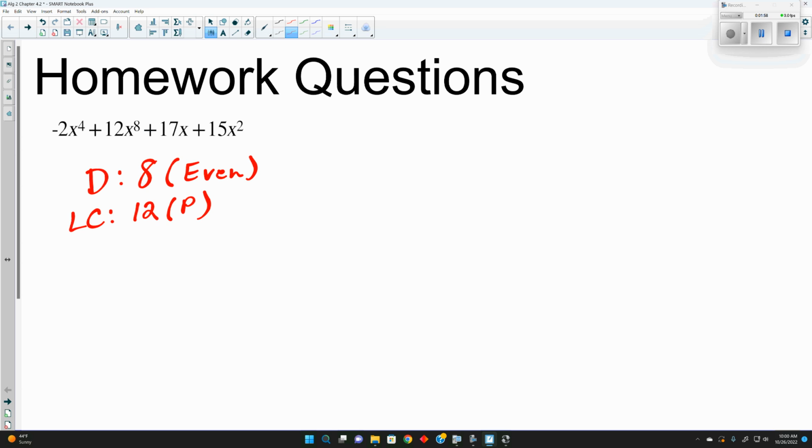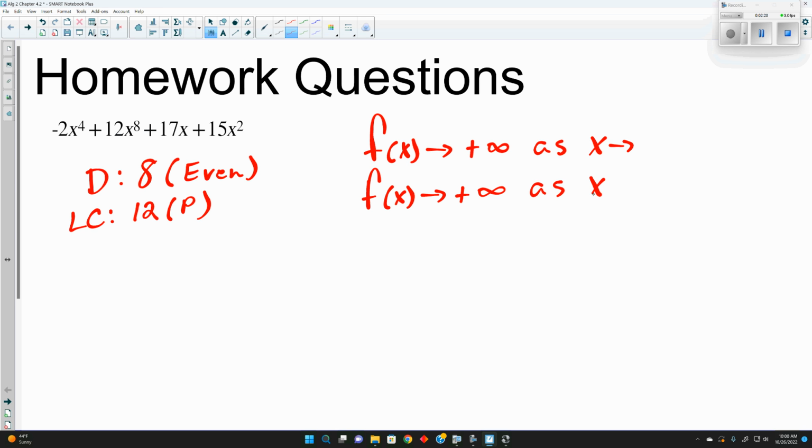Now what that tells us is that f of x, what it approaches is going to be the same thing, because with even degrees, they're either both going up or both going down, the y values anyways. So that means f of x is going to approach positive infinity and positive infinity as x approaches positive infinity and as x approaches negative infinity.